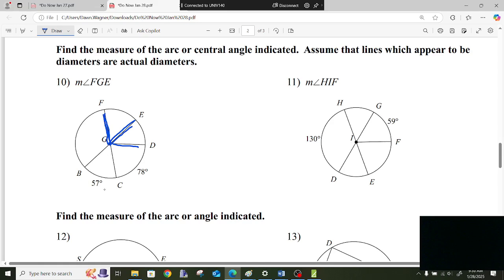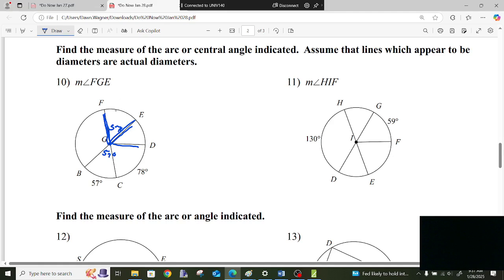Well, if this is 57 degrees here, that means your central angle is 57 degrees. Does everybody agree with that statement? Well, aren't these vertical angles? Yep. And it says here, assume that lines that appear to be diameters are actually diameters. So we can assume those are going to be vertical angles because they said both of those are diameters.